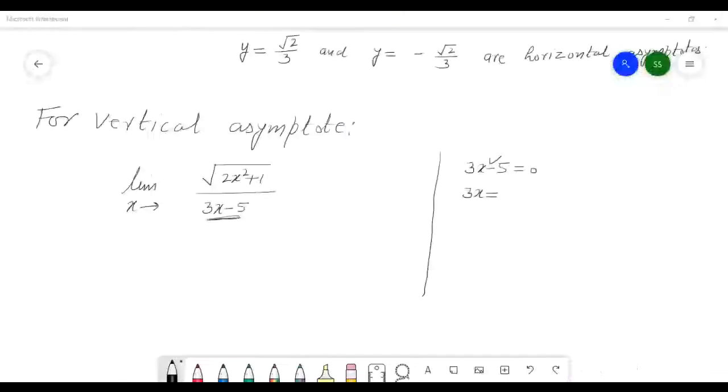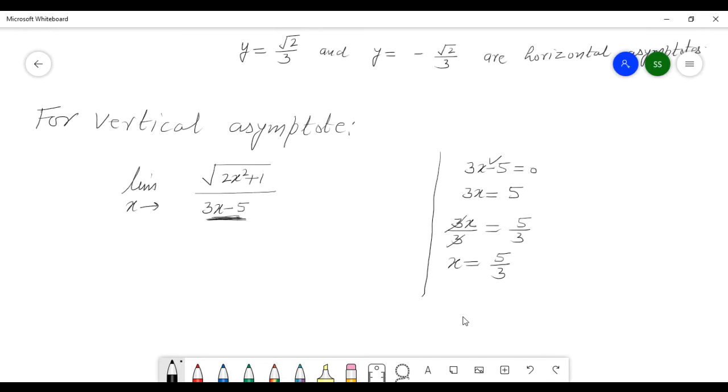For the vertical asymptote, any number where the denominator goes to 0 will be a vertical asymptote. Dividing by 3, x equals 5 by 3.